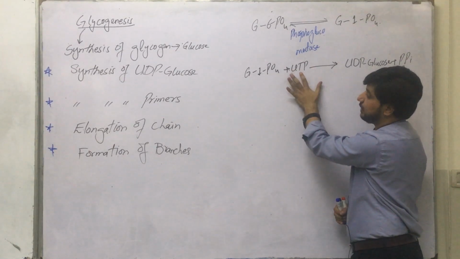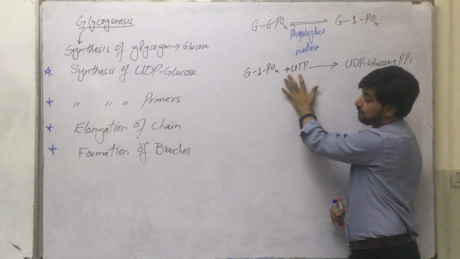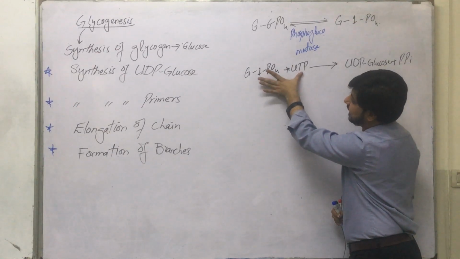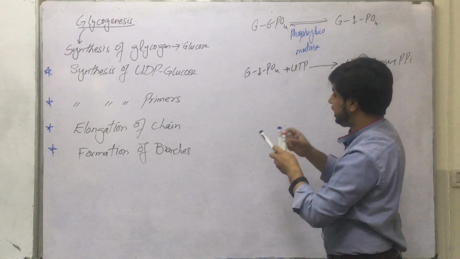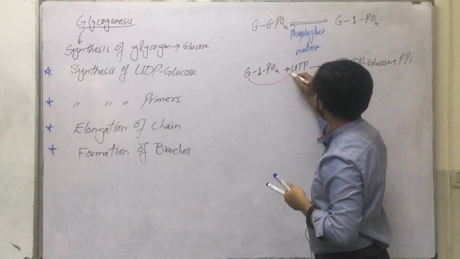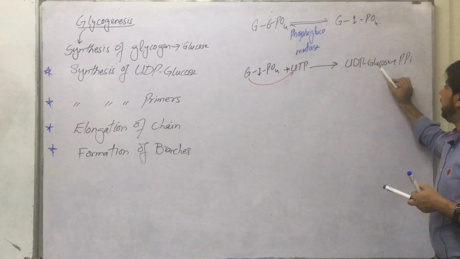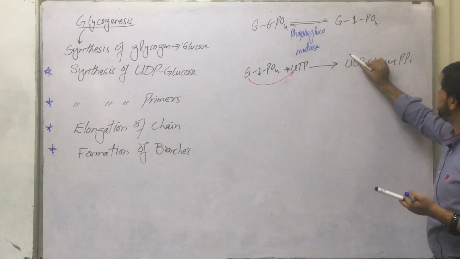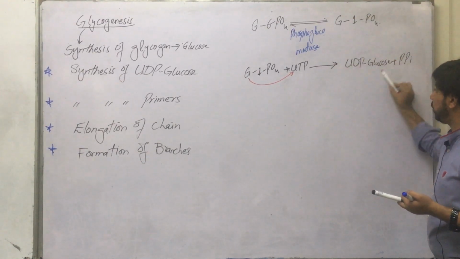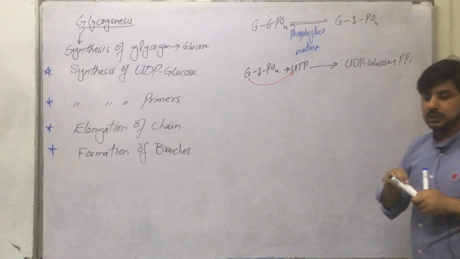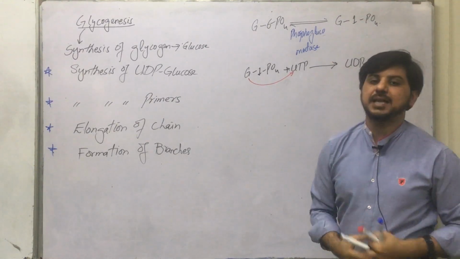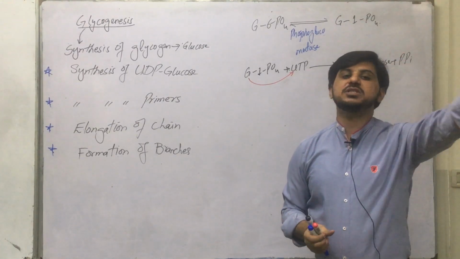These two molecules, the glucose molecule and the UDP molecule, condense with each other and form the UDP glucose. This UDP glucose molecule is actually the initial molecule to start the glycogenesis.